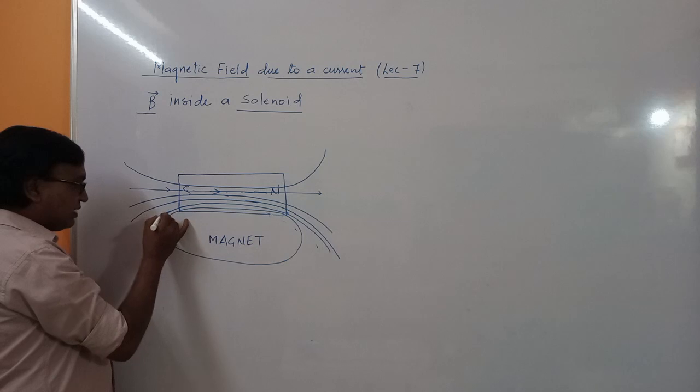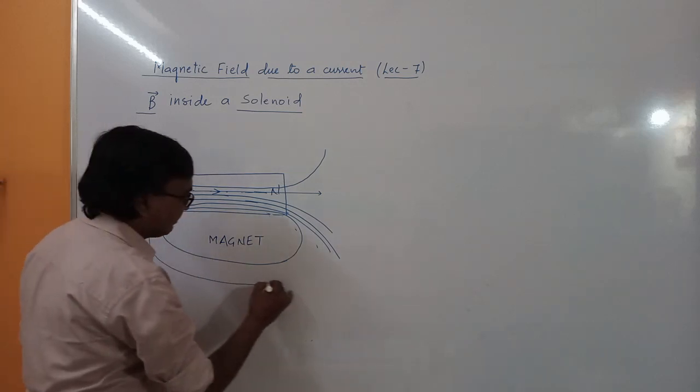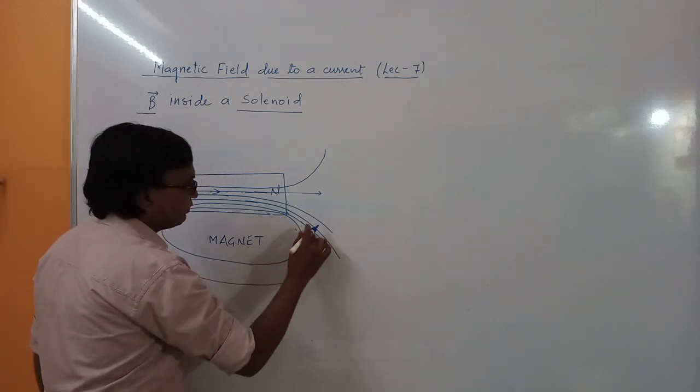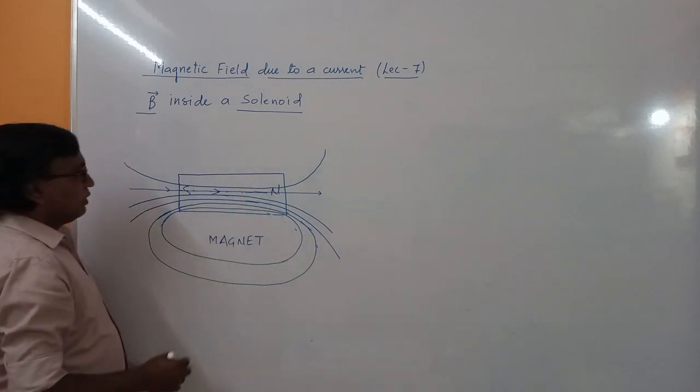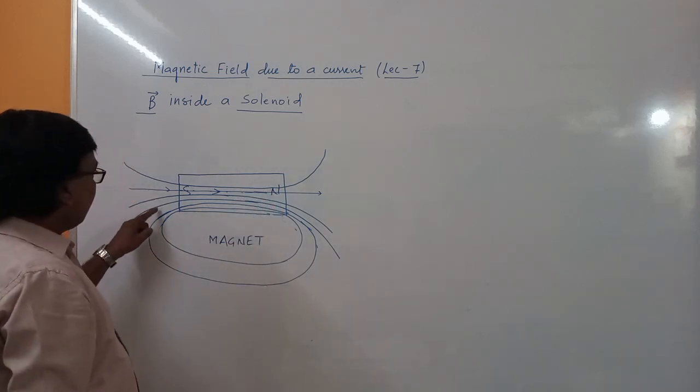So we can consider this line coming like this. Then 1, 2, 3, 4.